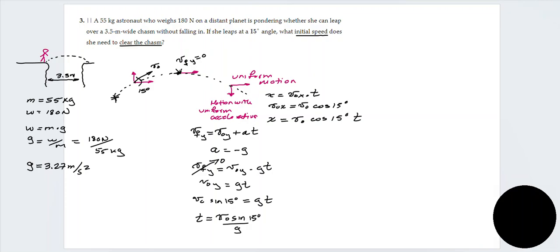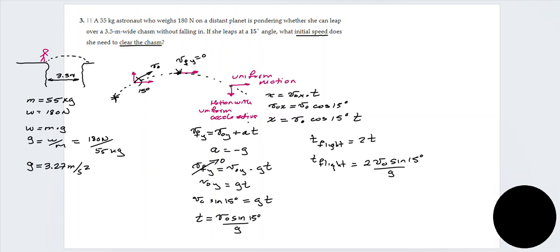So of course now we know that the time of flight will be 2 times that time, so the time of flight will be 2 v sub 0 sine of 15 degrees over g.